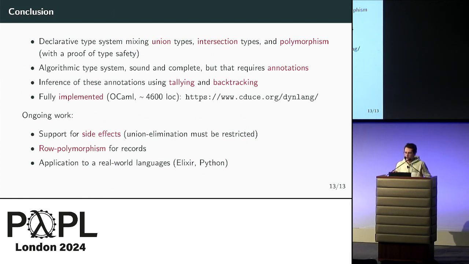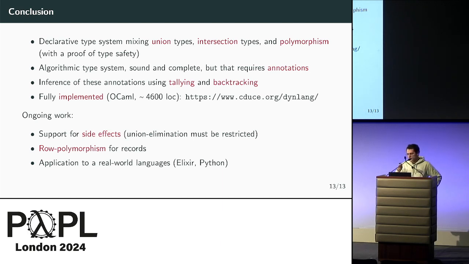So in conclusion, we have defined a declarative type system that mixes union types, intersection types, and polymorphism. And we have proved a type safety theorem for it. Then we define an algorithmic type system that is sound and complete, but that requires annotations. And so then the last part is to infer these annotations.